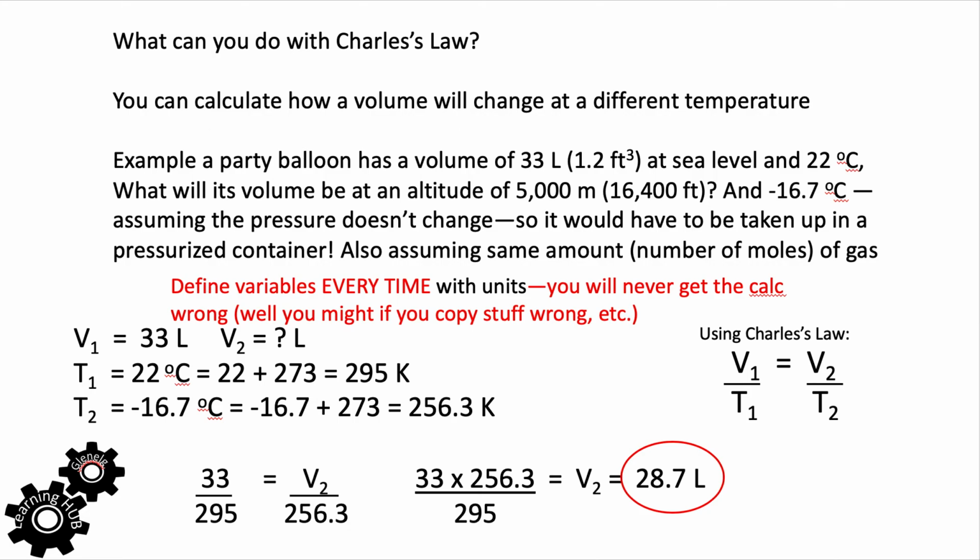We assume the pressure doesn't change. In reality, it would have to be taken up in a pressurized container. Also assume the same number of moles. None escapes, none is added.